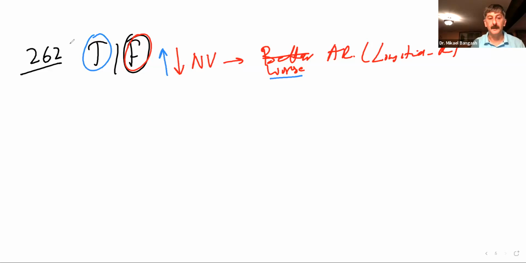It says lower numerical value. If we have a lower numerical value, that is going to make a better picture. That would have been true as well. But lower numerical value makes a better picture. Higher numerical value makes it worse.